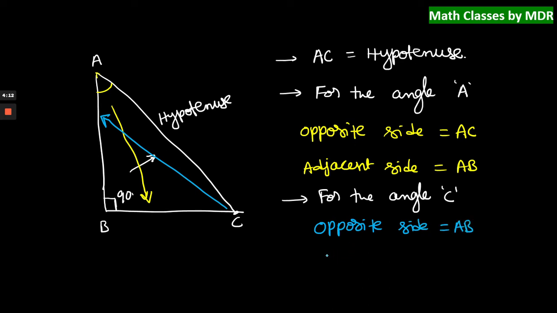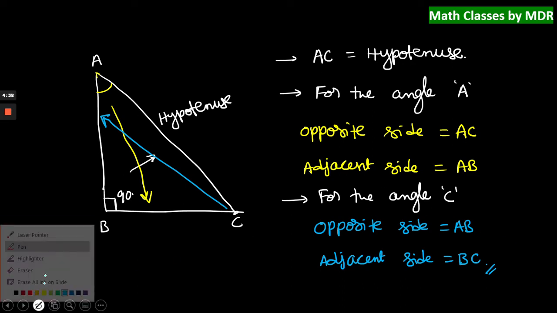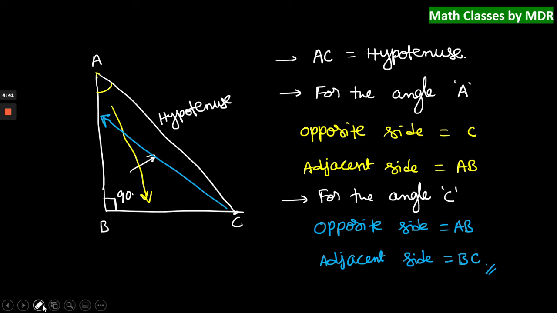And the other side automatically is the adjacent side for the angle C, that is BC. BC is known as the adjacent side to angle C. BC is the opposite side to A, and AB is the adjacent side to A.